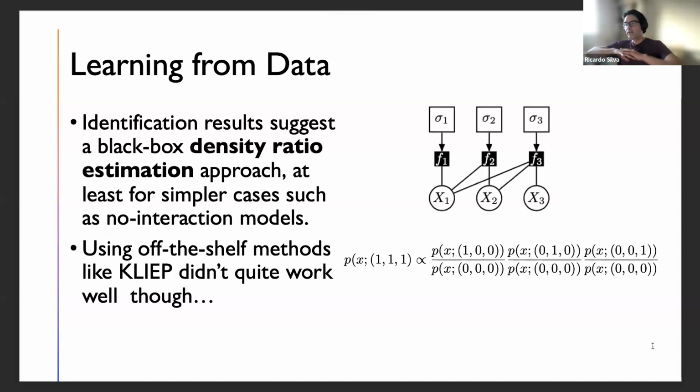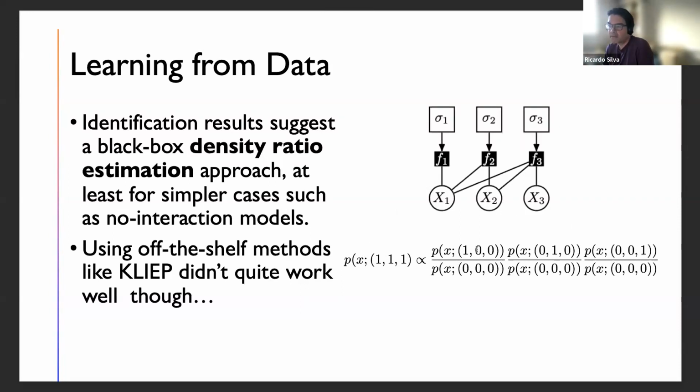So one way of writing down a likelihood function for this, or at least a way of estimating target densities of interest out of it, is to reduce the problem, in some situations, to density ratio estimation, because under some particular graphical structures, we may be able to express the target density of interest as ratios of densities which you can estimate from data.